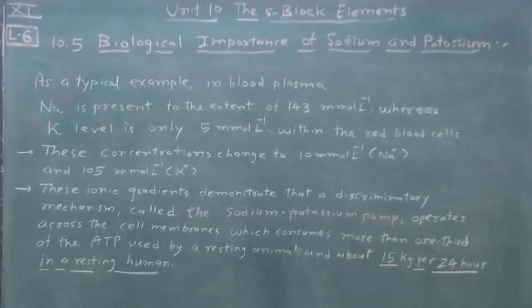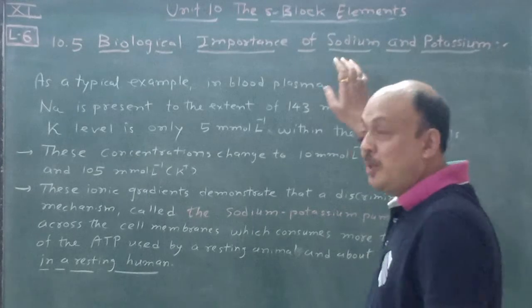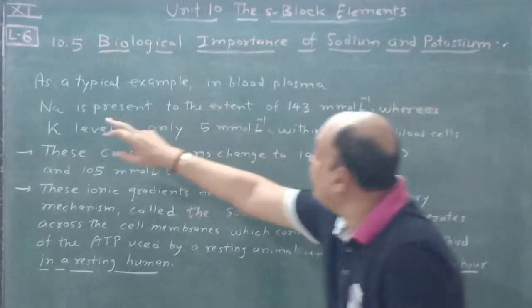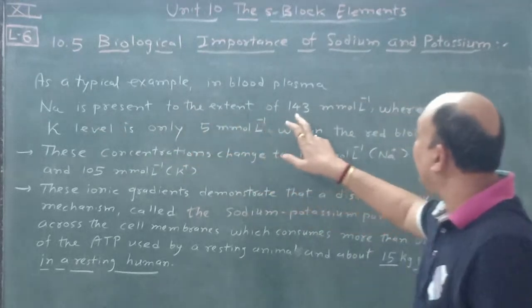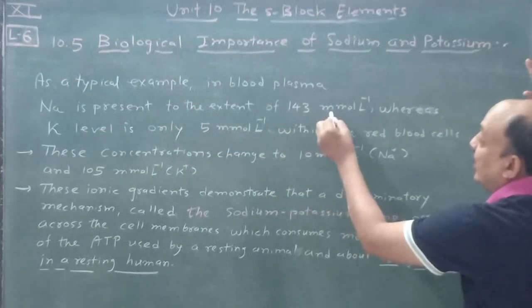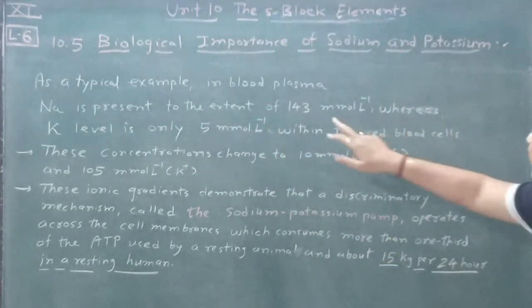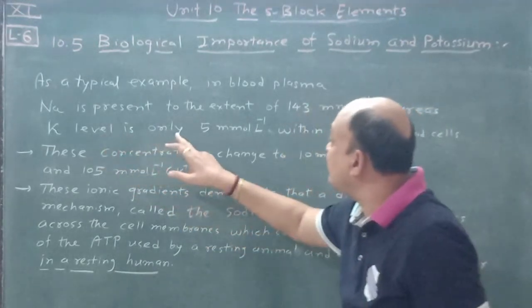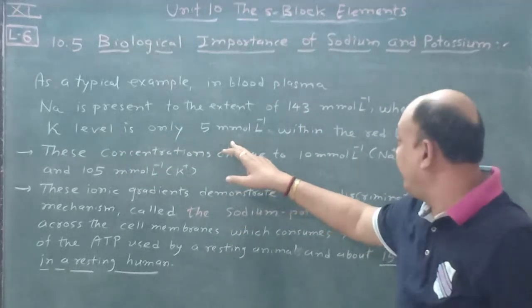Now, as a typical example, in blood plasma sodium is present to the extent of 143 millimole per liter, whereas potassium level is only 5 millimole per liter.